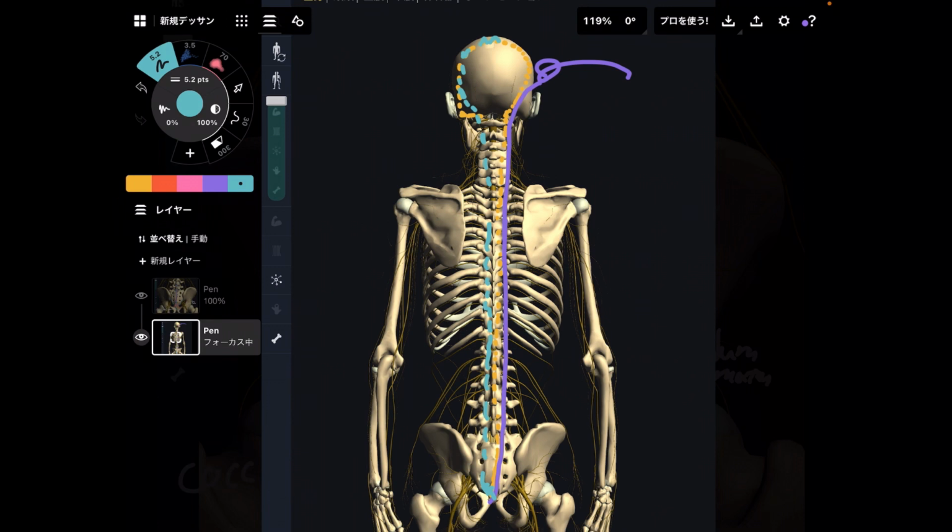But I believe, this is my subjective opinion, head trauma affects for coccyx more than the coccyx trauma for head. Does it make sense? Do you know what I mean? I mean, head trauma affects for coccyx more than coccyx affects for head. I don't know, this is just my experience.